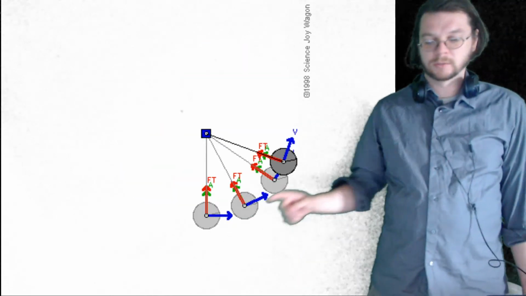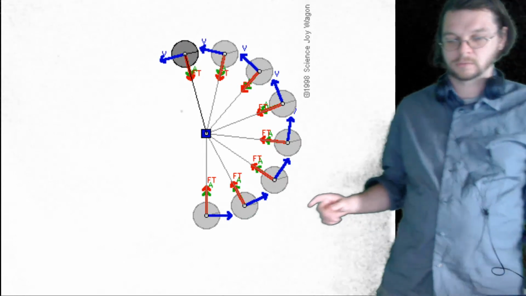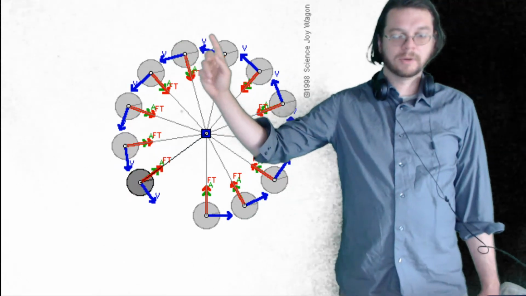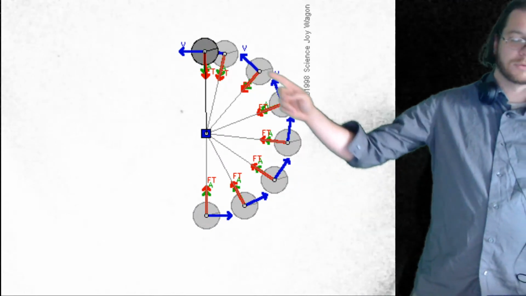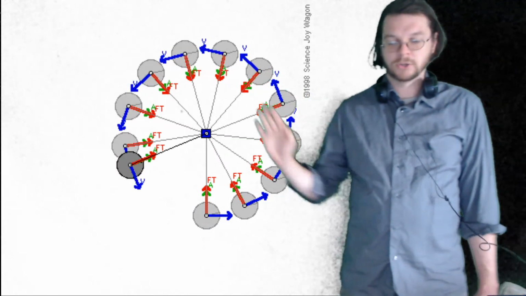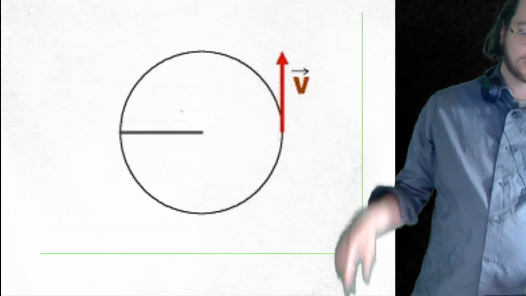Initially the thing is moving to the right, but by the time it gets up here, it's moving to the left, and so on and so forth. Over time, this force produces an acceleration. The acceleration changes the velocity vector, and it goes round and round and round.